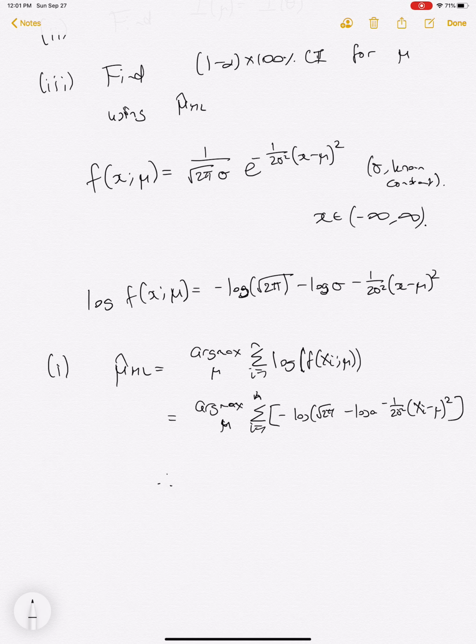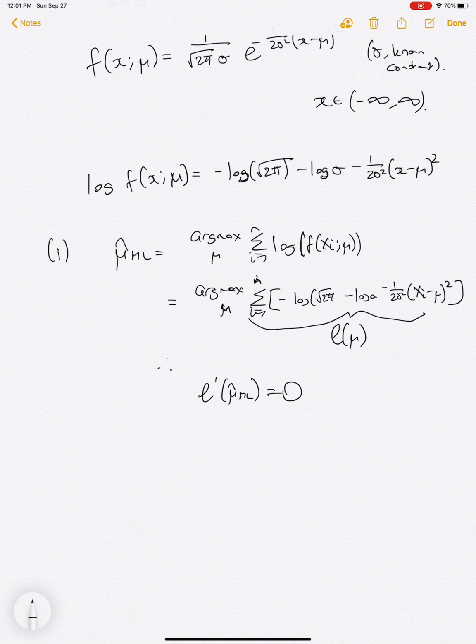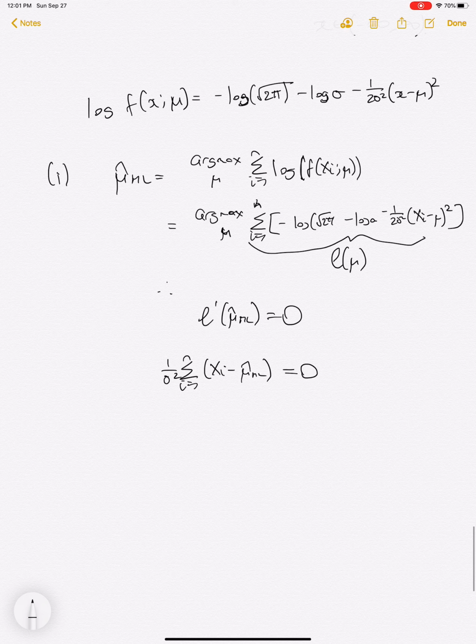So this is our L of mu here, and we want to take the derivative of L and set it to 0. If you take the derivative, the first two terms disappear and this just becomes 1 over sigma squared times the sum of x_i minus mu. This should be 0, and you just get that mu hat ML equals the sample mean.